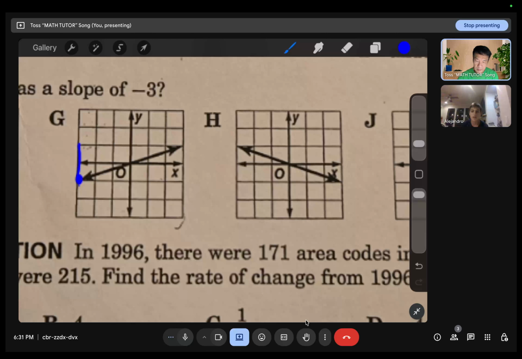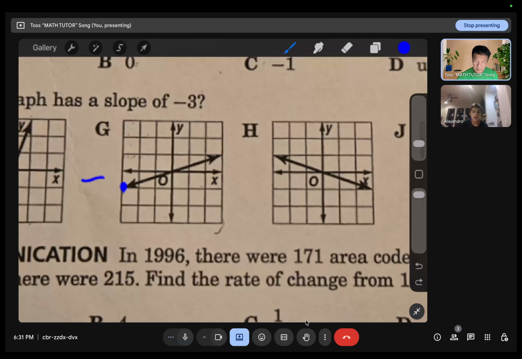Rise 2? Yeah. Okay, so let me put it in the form of a fraction. Rise 2, is it numerator or denominator? Numerator. So it'll be 2.